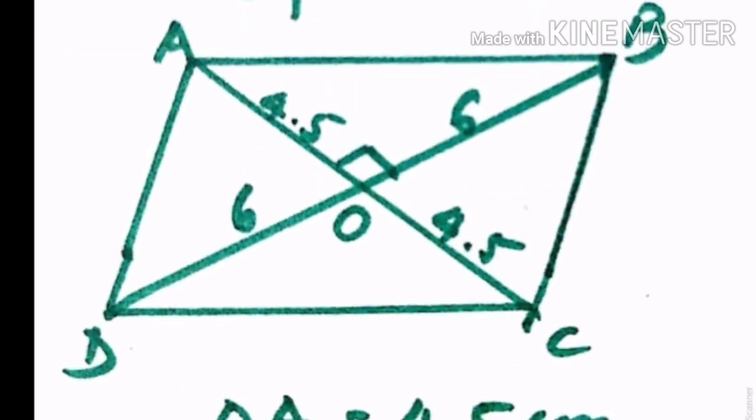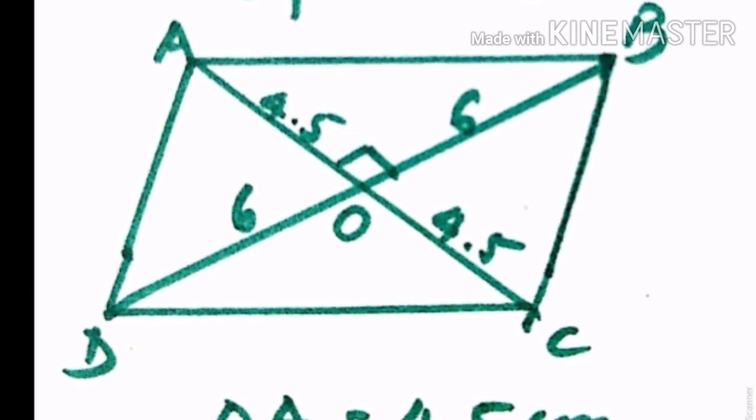See the figure here, ABCD is a rhombus and BD and AC are the diagonals drawn which they are intersecting at O. Here I have drawn 90 degree also where they are intersecting, and it is also there in the diagonal property that they bisect each other.